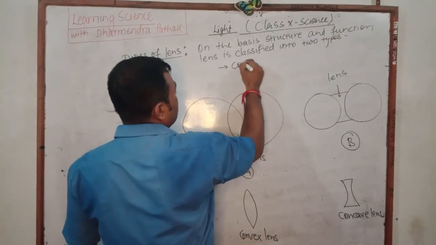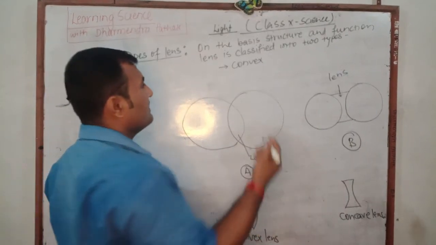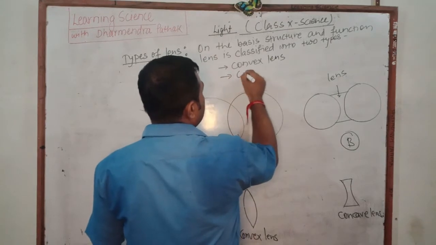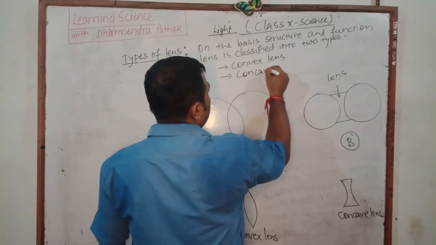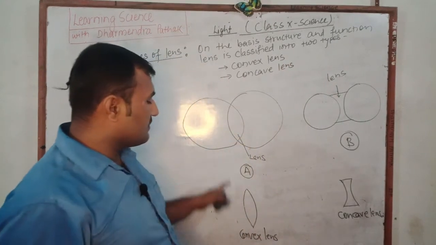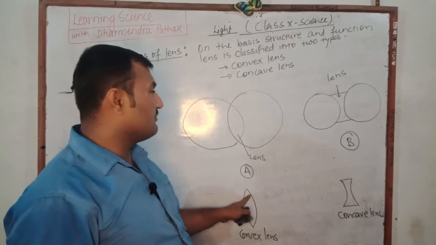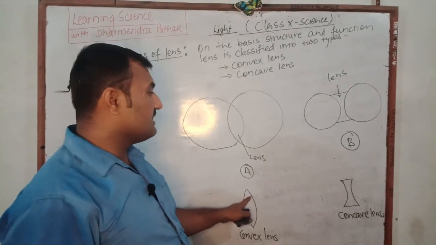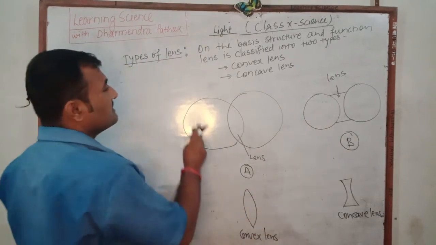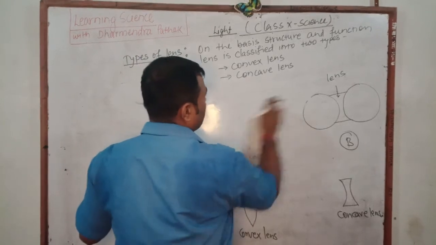What are these? These are convex lens and concave lens. In convex lens, the edge has a depressed part and the center has a bulged part, and in concave lens, the center is a depressed part and towards the edge it is bulged.